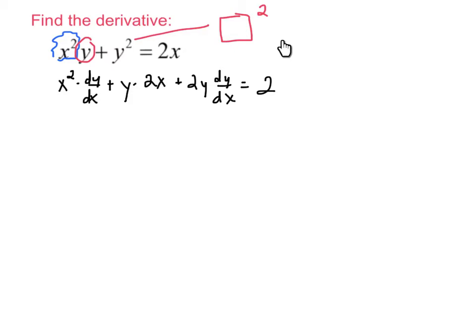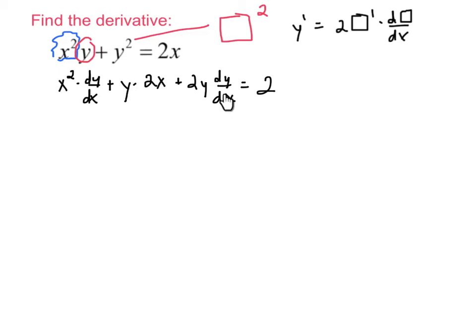The derivative of that box would be 2 times the box to the first times the derivative of the box, with respect to x or something like that. That's really what we've done here: we treated y as a function. We dropped the 2 out front, dropped the power by 1, and then multiplied by the derivative of the function.